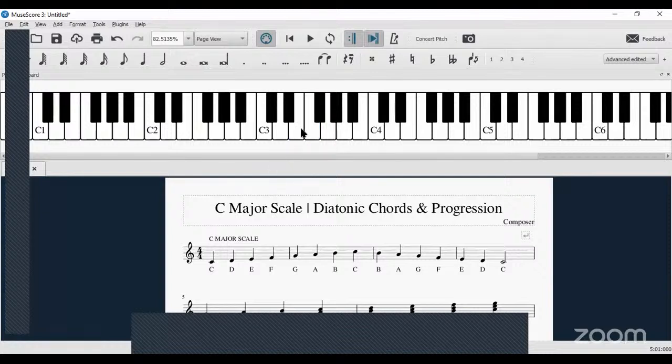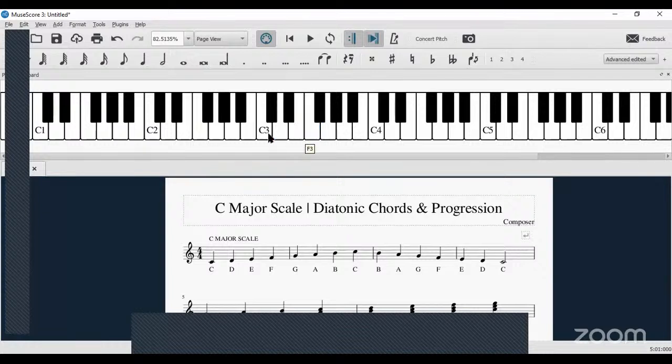The difference is, for these two, there is a black key in the middle. But for these two, there is nothing else in the middle. So, because of how close they are with no other note between them, they end up becoming a half step.